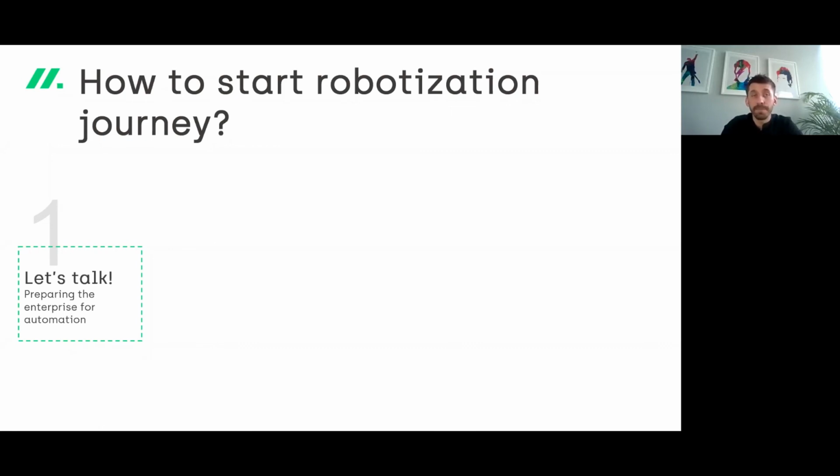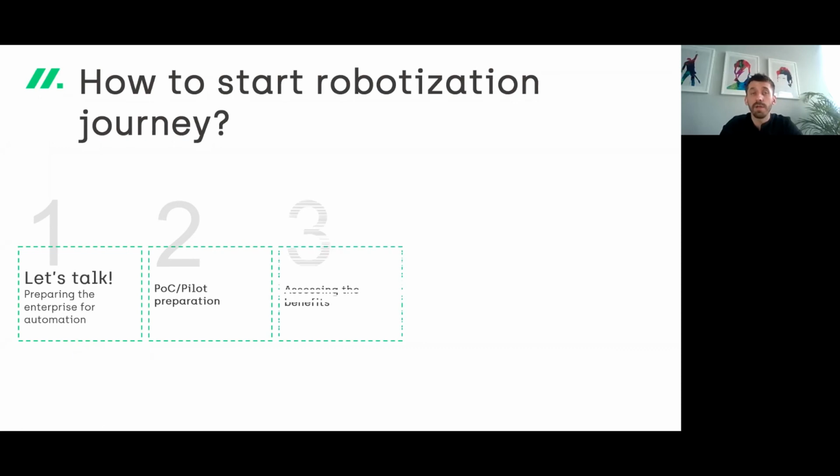The second step is preparation of the POC or a proof of concept or pilot implementation of the robots. And then after the POC or pilot implementation, we are assessing the documents, and we are assessing the wider potential of the robotization within the organization.